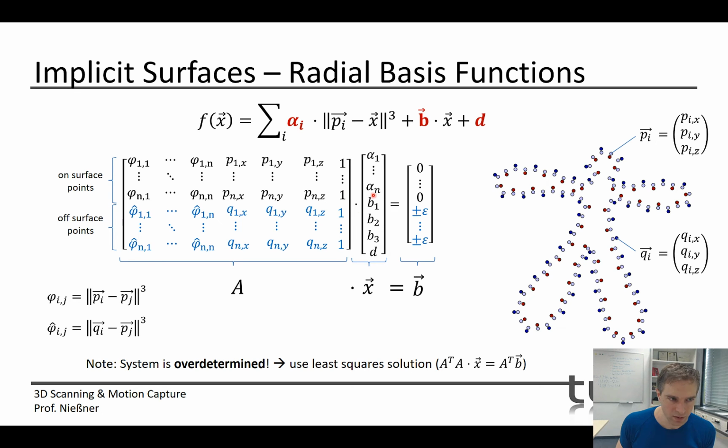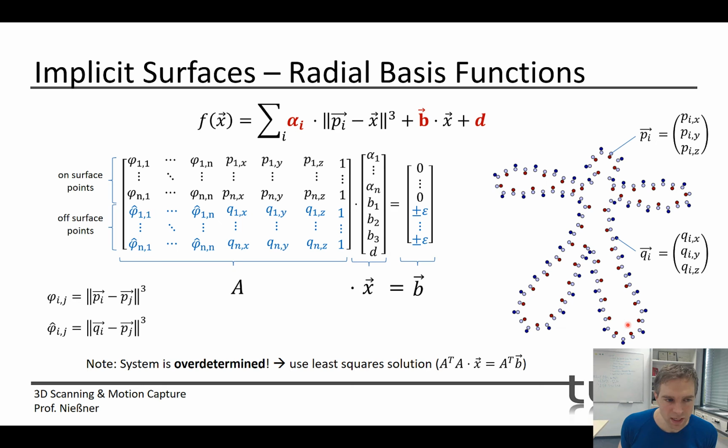We know all of the surface points should be equal to 0, that's what our implicit function should give at the end. And the points slightly around it are plus or minus epsilon. These are the off-shifted q points. So we have the p_i's and we have the q_i's. These are essentially our constraints.